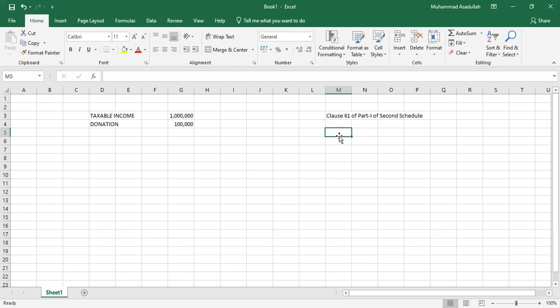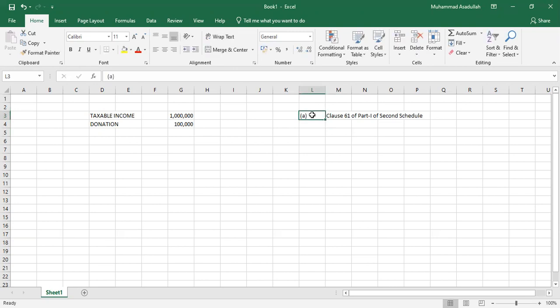They are all charitable, non-profit organizations working for the welfare of orphans, or the families of deceased persons, or families who are not capable of working or feeding themselves. So there is a list of institutions under clause 61 where you may donate, and their names are available in clause 61. This is case one.